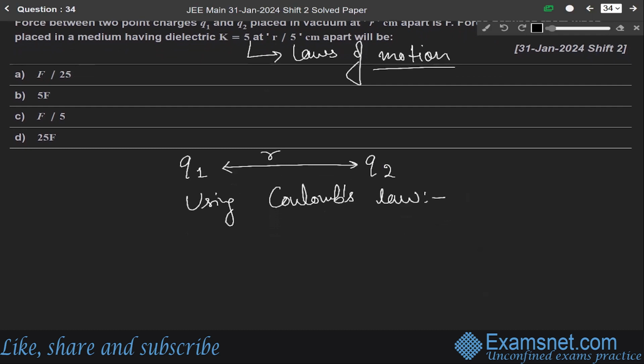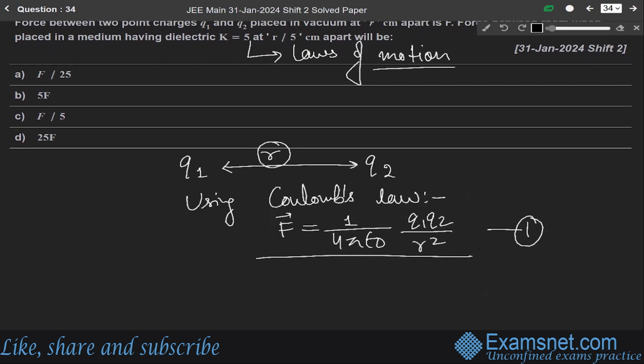Coulomb's law, we know that the force acting between two charges having a separation R between them is given as F equals 1 over 4 pi epsilon naught Q1 Q2 over R square. This is the force equation.